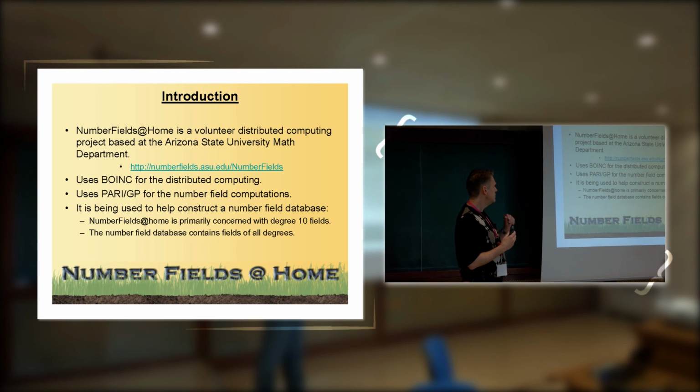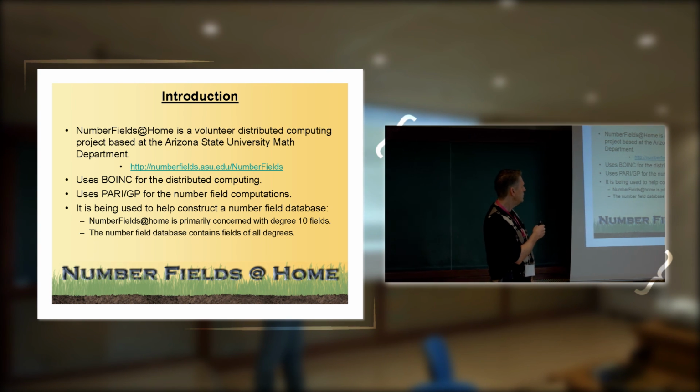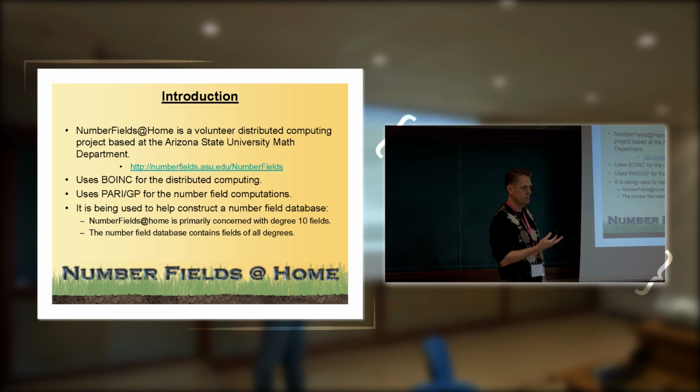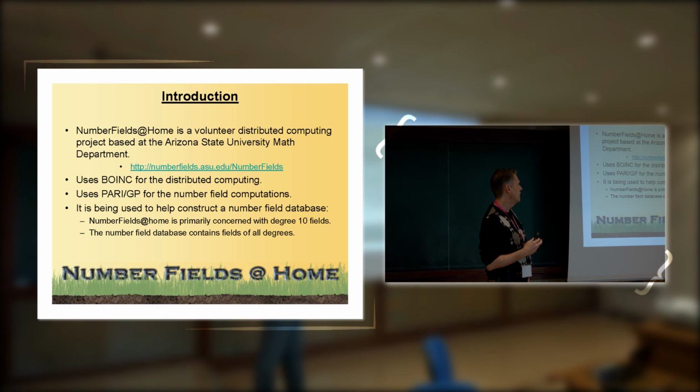It uses what's called BOINC. That stands for Berkeley Open Infrastructure for Network Computing. We use that for the distributed computing portion. And then for the number field computations, of course, we use PARI, which is why I'm here. This project is being used to help construct the number field database.